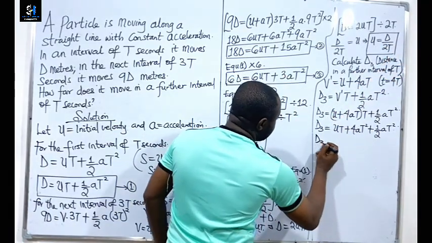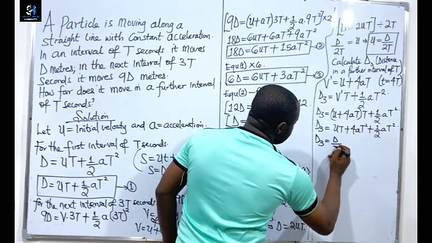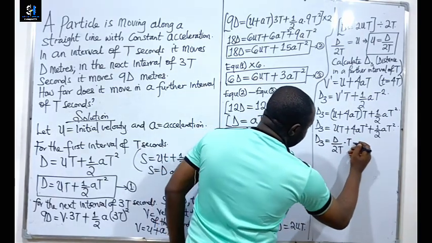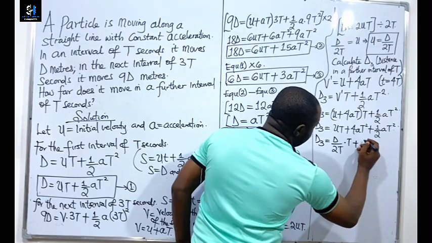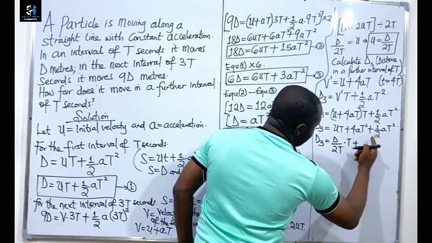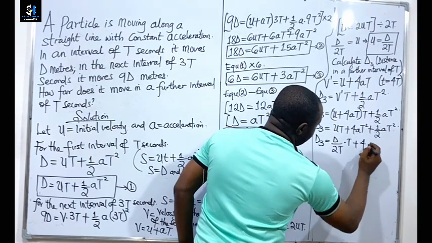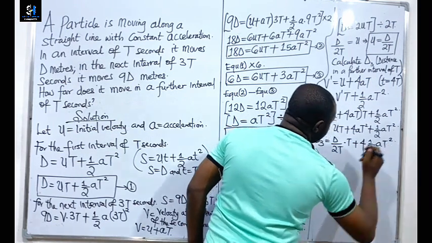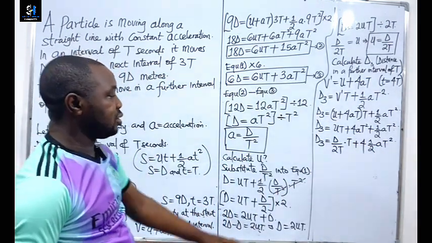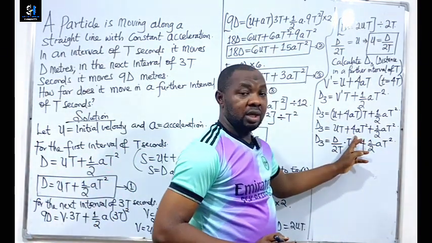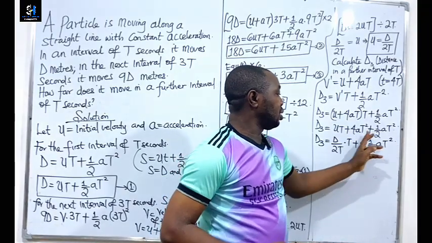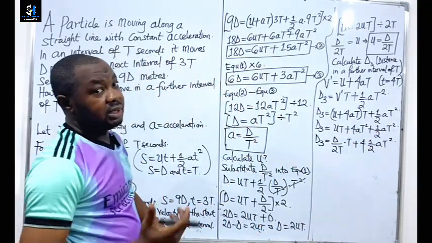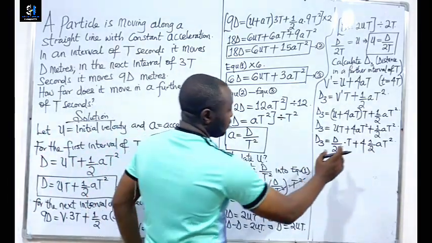All right, so we know the expression for u is d over 2t, so d3 equals d over 2t multiplied by t for this term, plus 4.5 at squared, because 2 times 4 is 8, 8 at squared plus 1 at squared will be 9 at squared, so that will be 4.5.